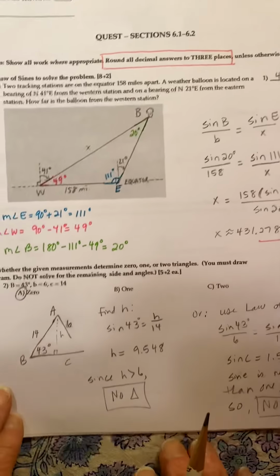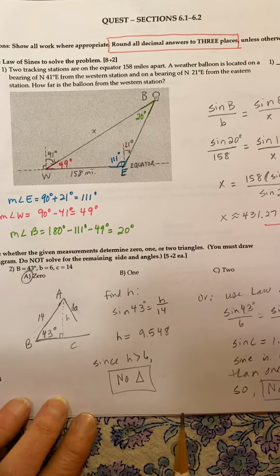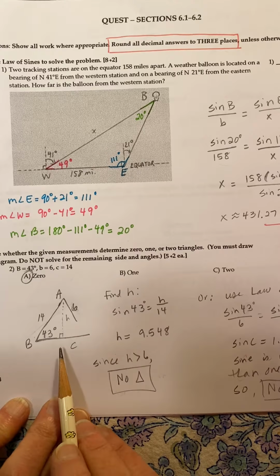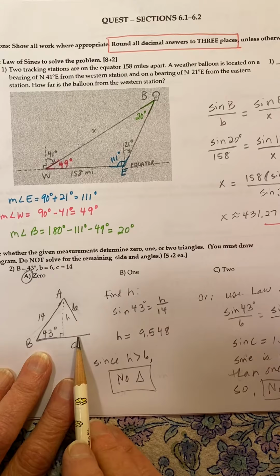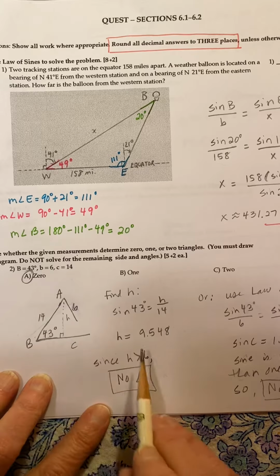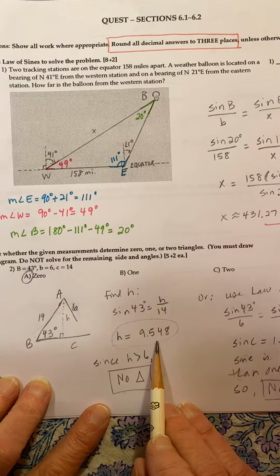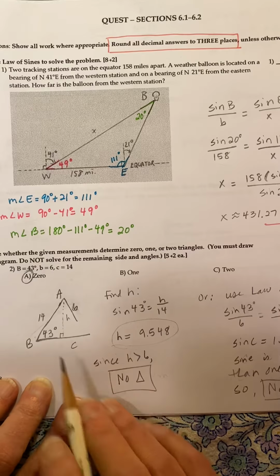This next one, I think most of you got that it was 0 triangles, but I did sometimes take off credit if your drawing wasn't good. When there's no triangle possible, your drawing should not show a triangle. It's impossible. A lot of you found out that the height was 9.548, based on just doing the sine of what would be this right triangle right here.